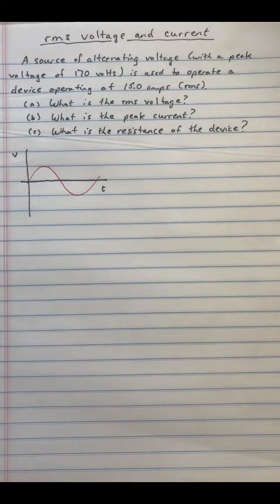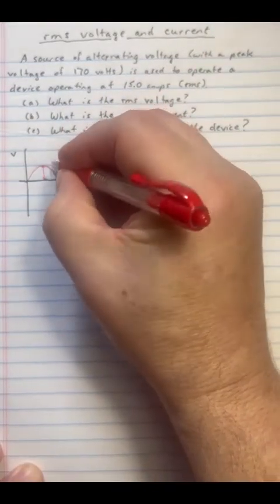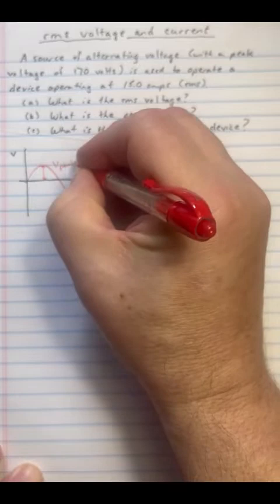That's not a law of nature. But in almost all practical applications, this is the simplest thing to do, and it's typically what is done. So we have voltage going up and down, and this would be the peak voltage. So there's your peak, or maximum voltage, if you will, for that particular cycle.